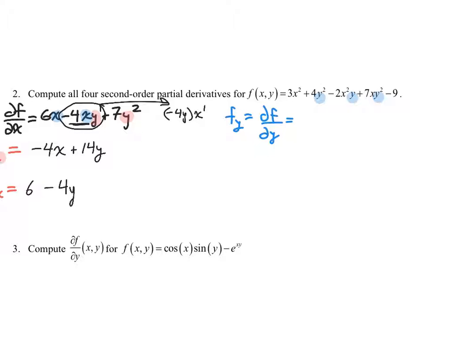Derivative of a constant is equal to 0. 4y squared, take the derivative of that Calc 1 style, 8y. This could be thought of as negative 2x squared y to the first power. Power by coefficient, reduce the power by 1, negative 2x squared. Same idea for the next one, except the power is 2. So plus 14xy.